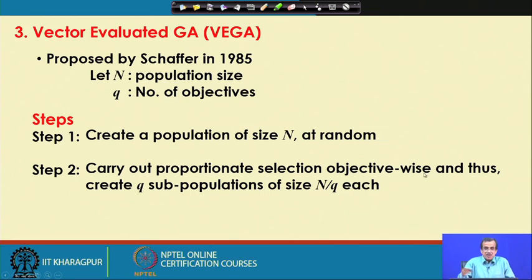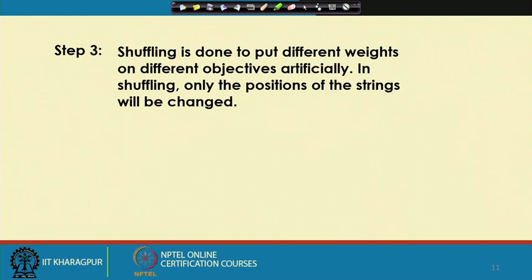That means, out of the 10 objectives, first we concentrate on the first objective and find one subpopulation, then we concentrate on the second objective and find the second subpopulation, and this process I am just going to continue, and corresponding to the qth objective, I will be getting the qth subpopulation of solutions. Now, let us see how it works.